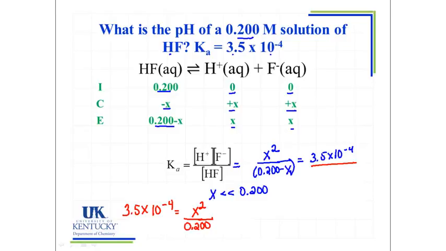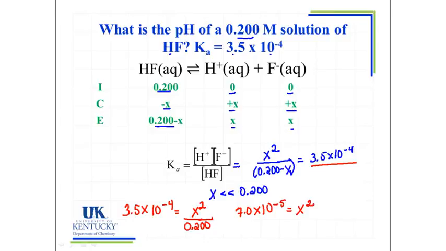Now I've lost the minus x because we've simplified. Now I can multiply both sides by 0.200. And when I do that, I end up with 7.0 times 10 to the minus fifth equals x squared.